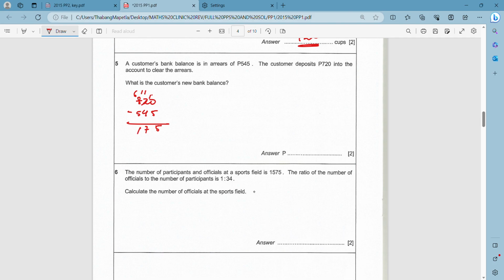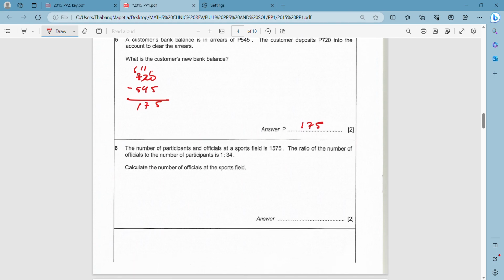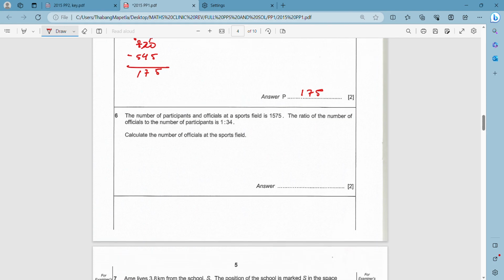So what we're going to have is 175 Pula left. I will always confirm my answers by calculator so I don't mislead you fellows. 720 minus 545, so it's correct, it is 175 Pula.